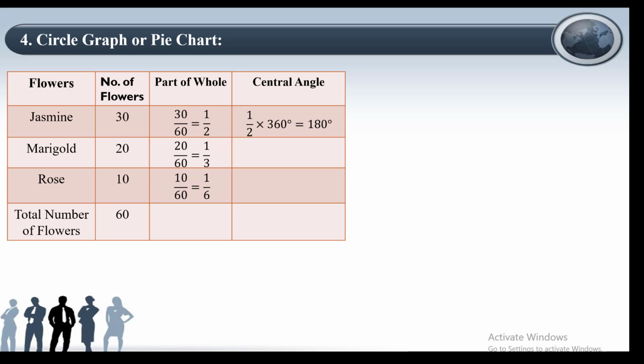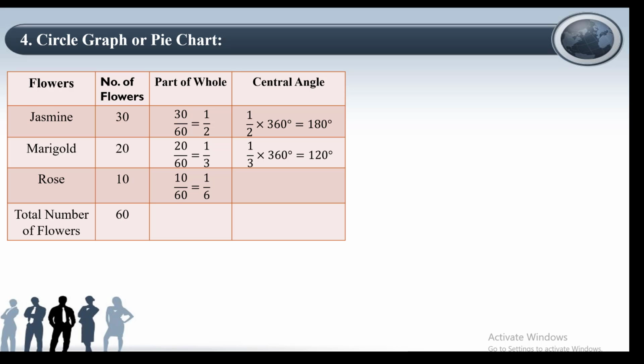Similarly, the portion of marigold flowers can be represented by making the sector with a central angle of 1 by 3 multiplied by 360 degrees, which is equal to 120 degrees.